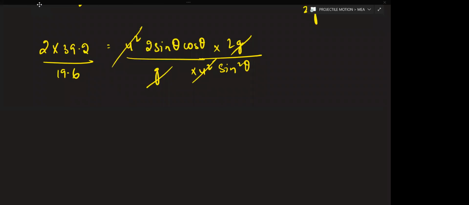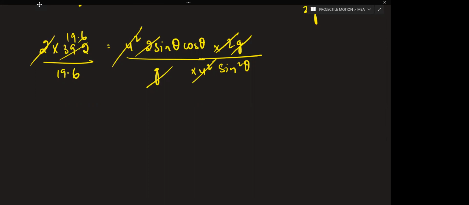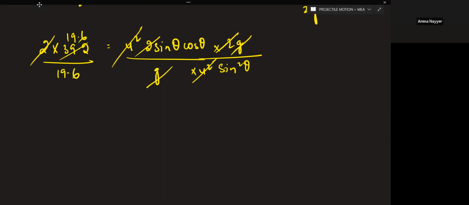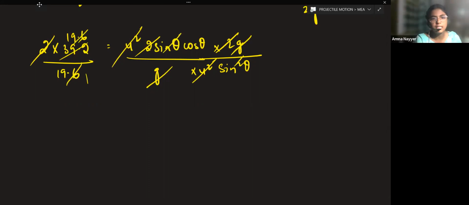This 2 will get cancelled, this 2 will be left, and this is 19.6. So this becomes 1, and sine theta gets cancelled.